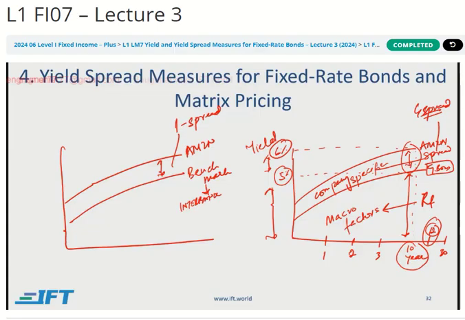Well, you can still do it, but then you have to estimate that 12-year bond yield through a process of linear interpolation, which is something we looked at in the previous learning module, and we look at it again here through matrix pricing, where we will try to estimate the yield of a government bond for which the maturity doesn't exist. And that's one way of calculating the spread.